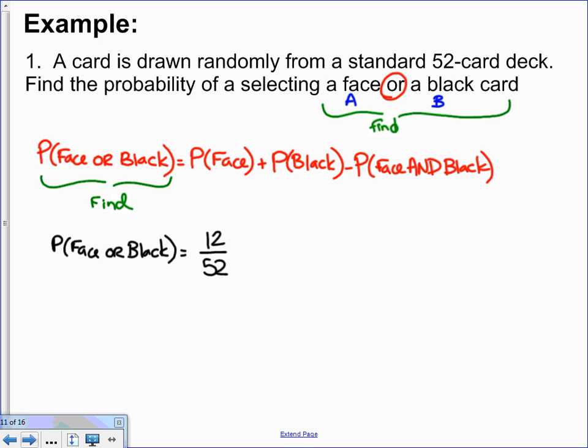The face cards are jacks, queens, and kings. So there's 3 face cards in every suit, right? Diamonds, hearts, clubs, and spades. So there's 3 of each. 3 times 4 is 12. Okay, so 12 out of 52. Add that with the probability of selecting a black card.